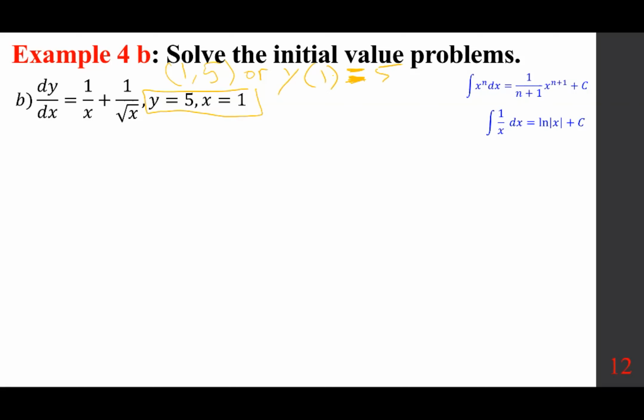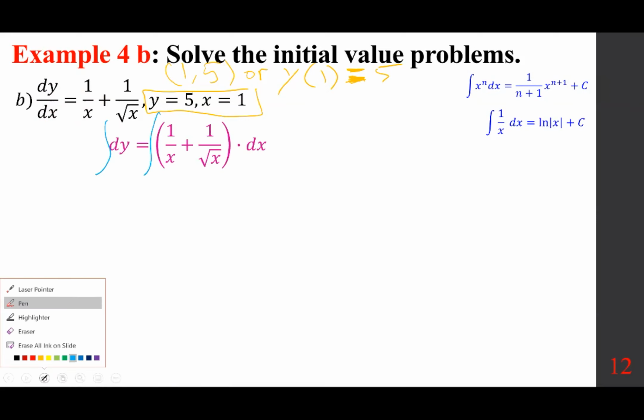So for now, we're going to ignore that and just go with the integration of dy dx or f prime of x. So let's multiply by dx. dy becomes that. And if I integrate both sides, this becomes y.